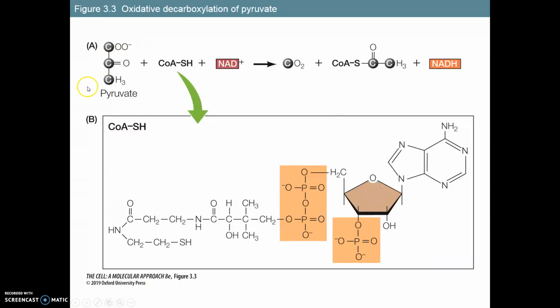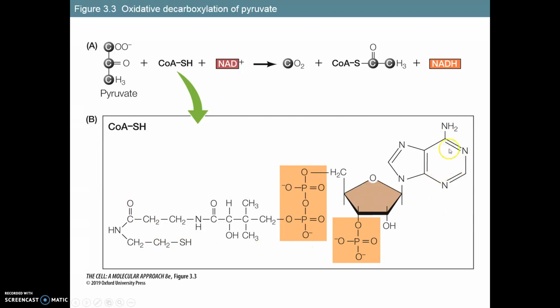All right, so the first step here is we have this compound pyruvate, and we are going to turn it into something that we call acetyl-CoA, right? So this CoA actually stands for coenzyme A, and coenzyme A is actually this large functional group here.